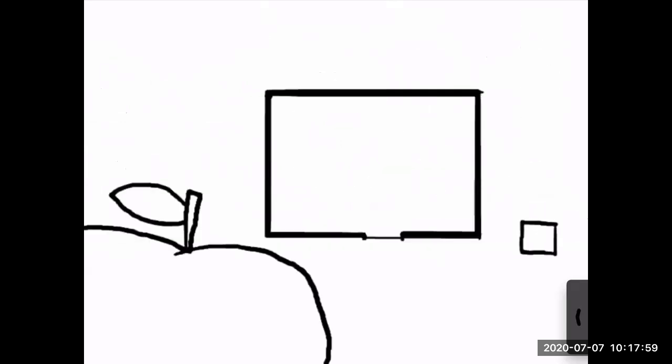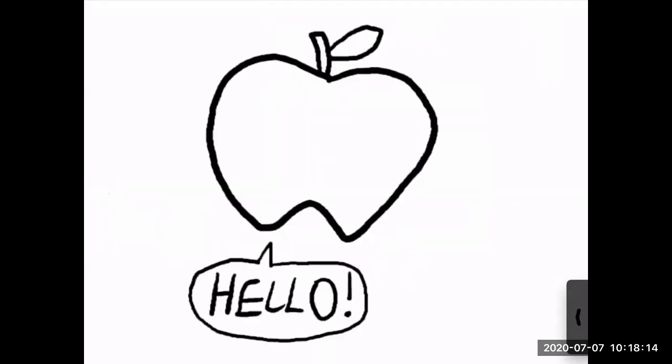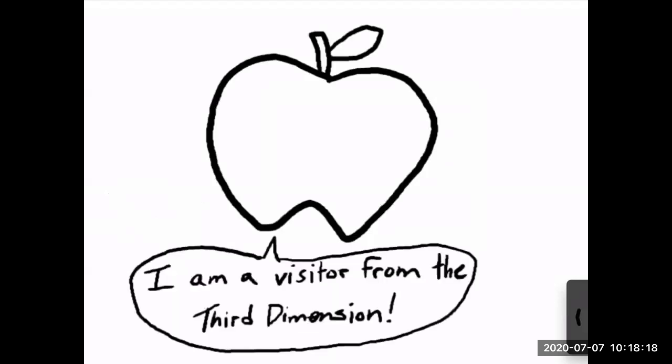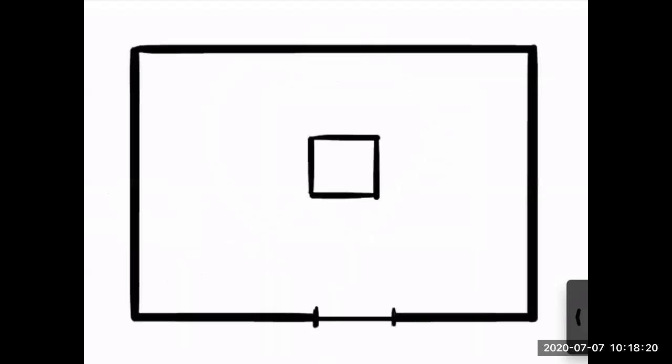And the three-dimensional creature sees an attractive, congenial-looking square, watches it enter its house, and decides in a gesture of interdimensional amity to say hello. Hello, says the three-dimensional creature. How are you? I am a visitor from the third dimension.